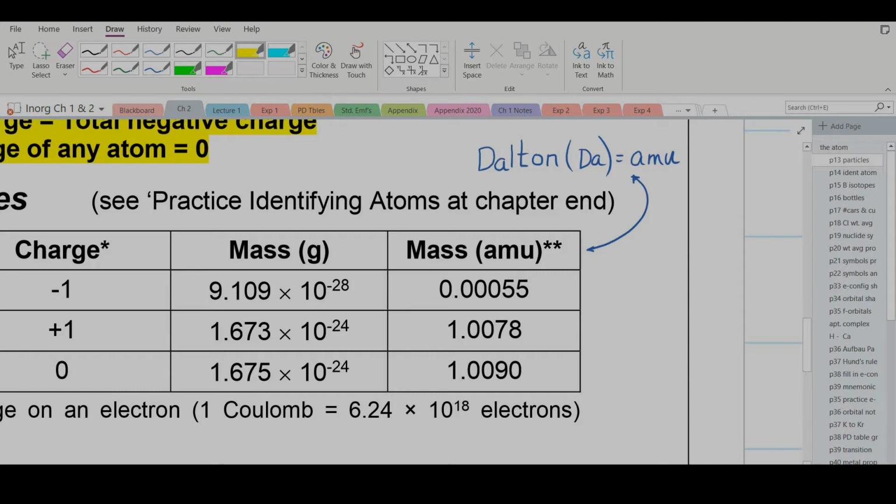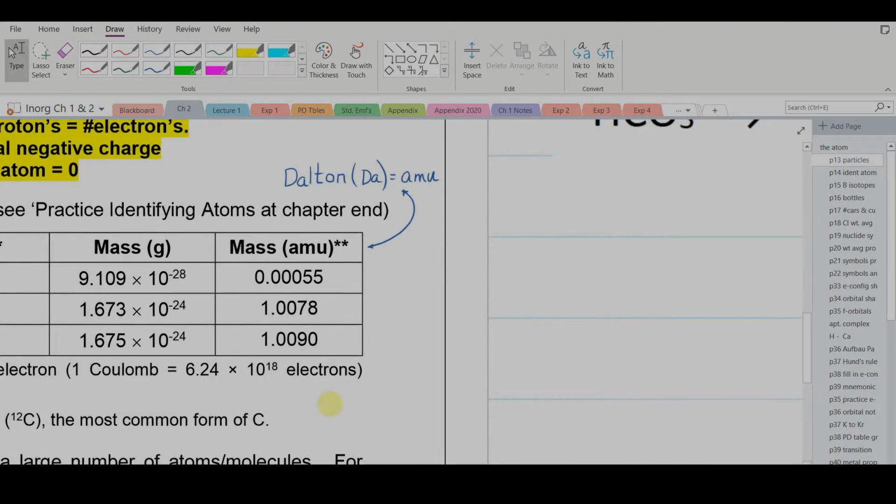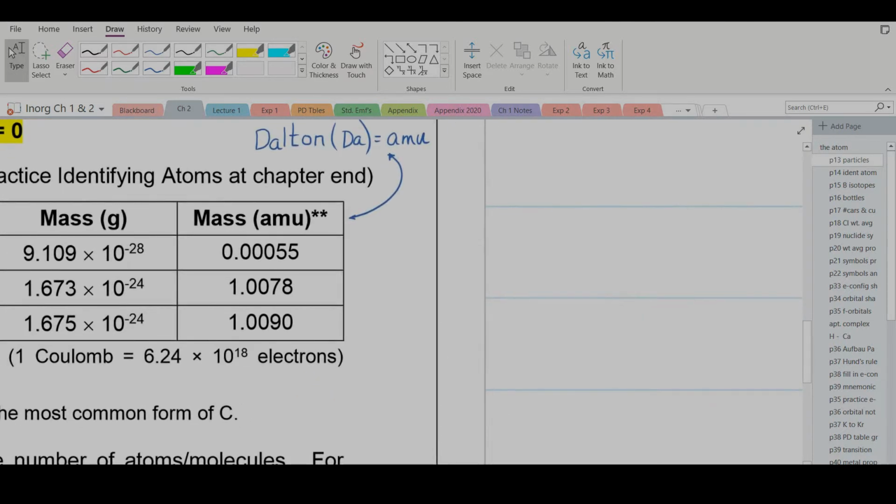Just spend a moment here. Obviously, you're not responsible for memorizing any of these values, but I just want us to appreciate what is the ratio of the mass of a proton or a neutron to that of an electron. So let's say an average of these is somewhere around 1.008 AMUs for a proton or a neutron, divided by the mass of an electron, 0.00055 AMUs.